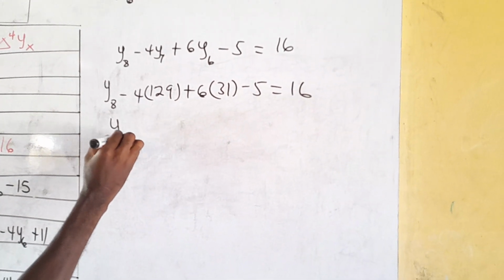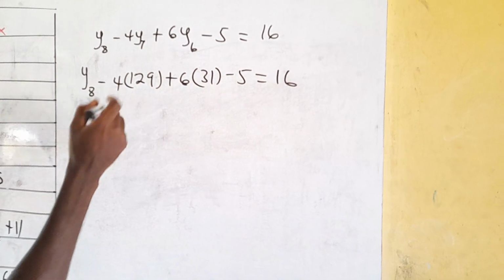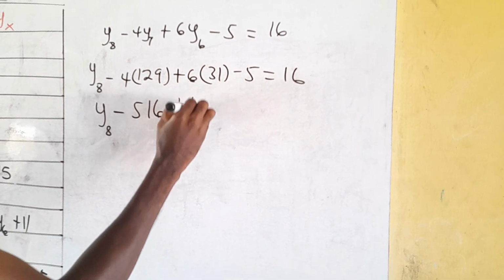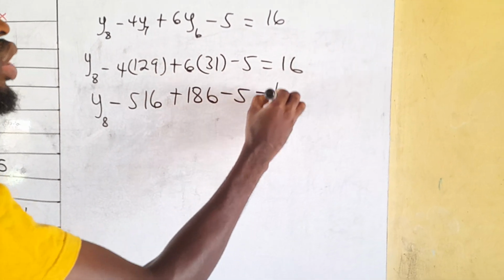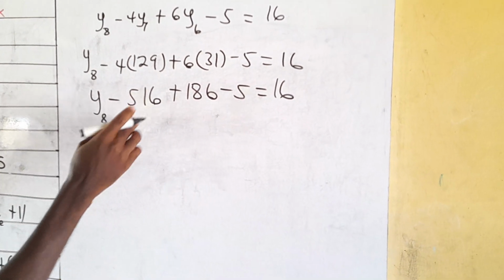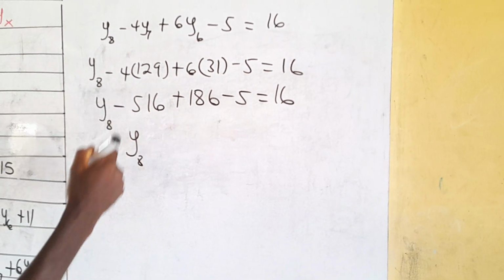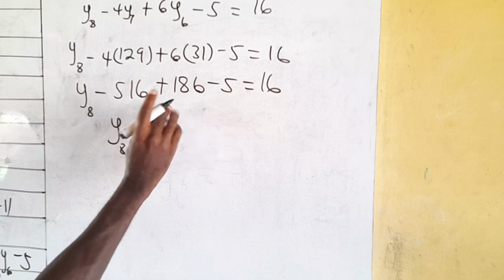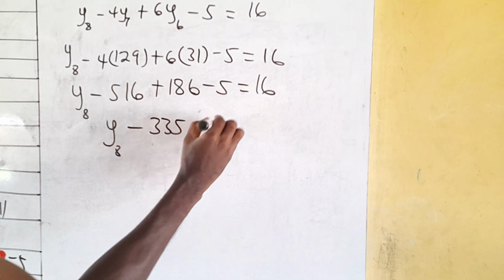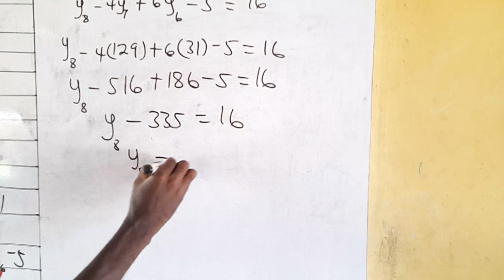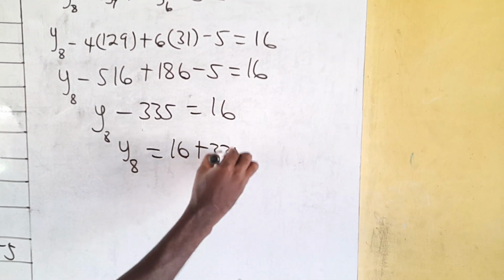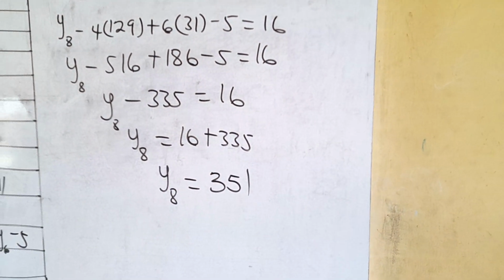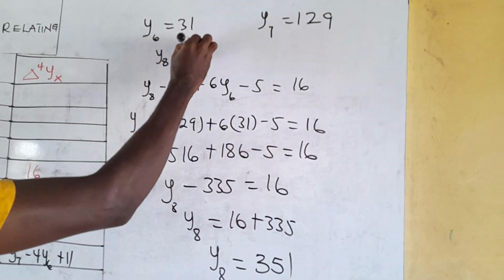So y8, 4 times 129, that will be minus 516. Then 6 times 31, that will be 186, minus 5 equal to 16. So minus 516 plus 186 minus 5 will give us minus 335 equal to 16. So our y8 will equal 16 plus 335. y8 will be equal to 351.